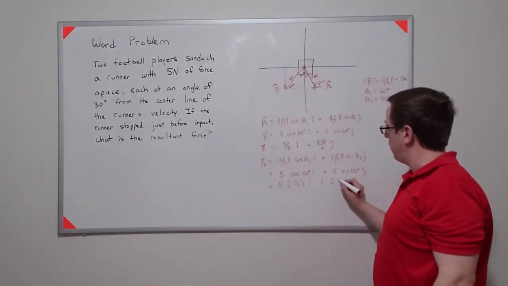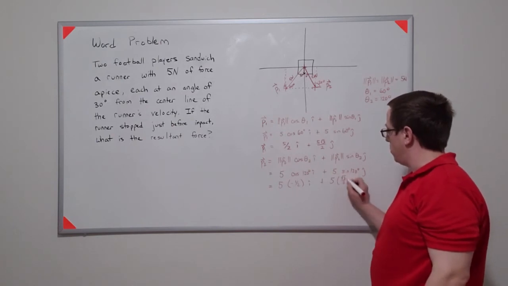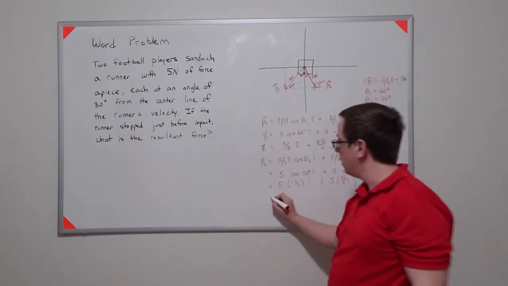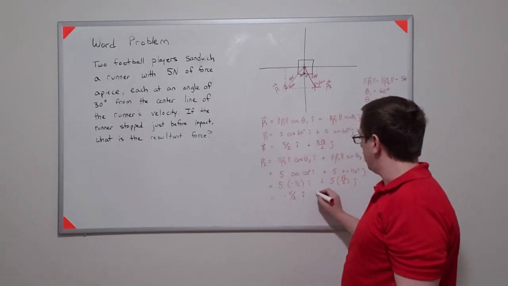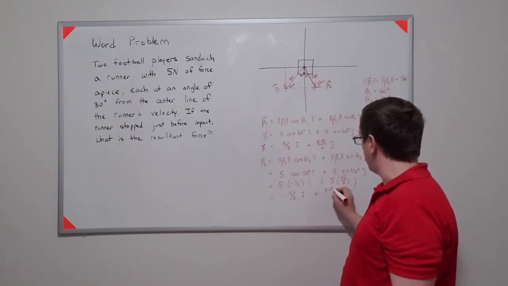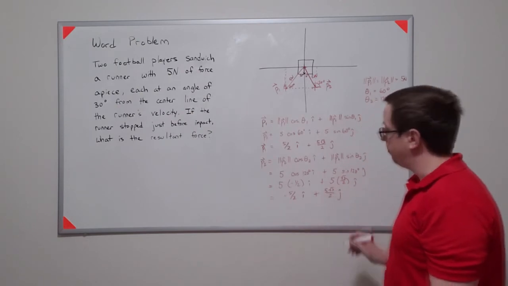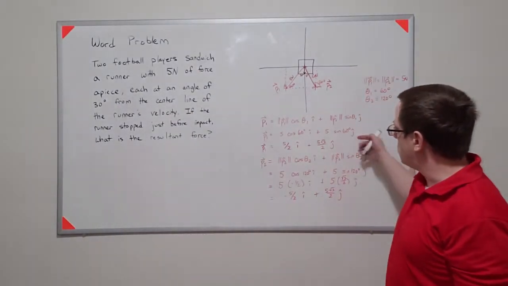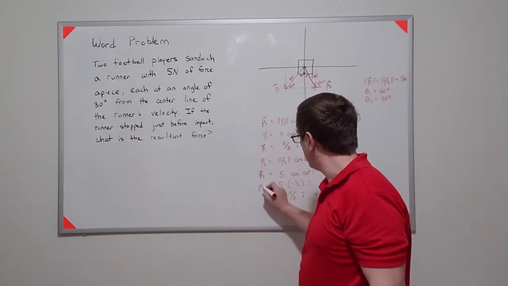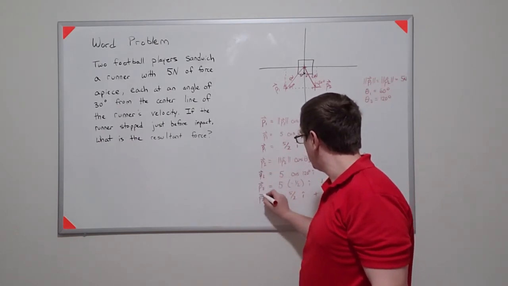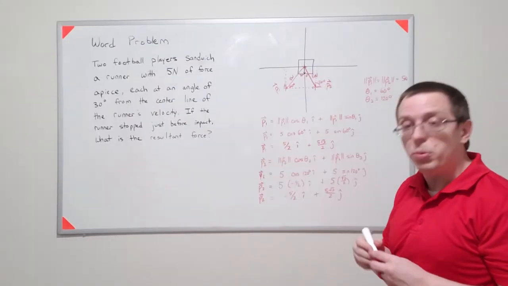So 5 square root 3 over 2 j. So negative 5/2 i plus 5 square root of 3 over 2 j. So that's player 1 and player 2 respectively. Now we need to put this together.